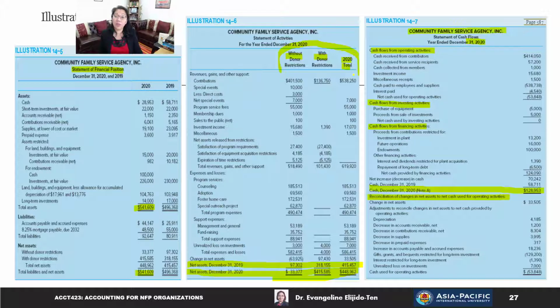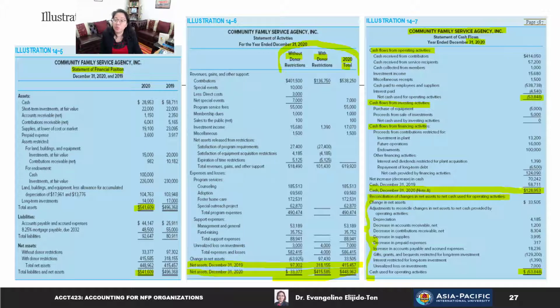So this NFP, Community Family Service Agency, is using the direct method, but they have opted to show the reconciliation of the changes in net assets to net cash used for operating activities here. And it looks like the cash used for operating activities, as can be seen here, is negative 53,848.